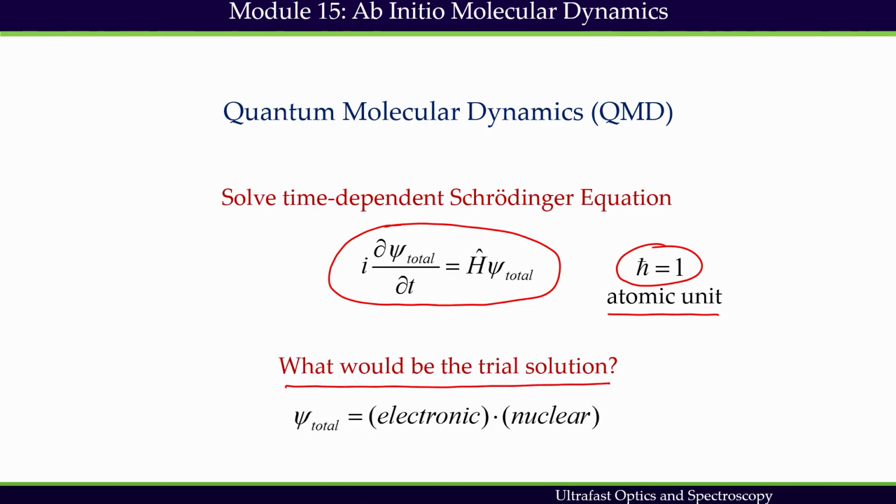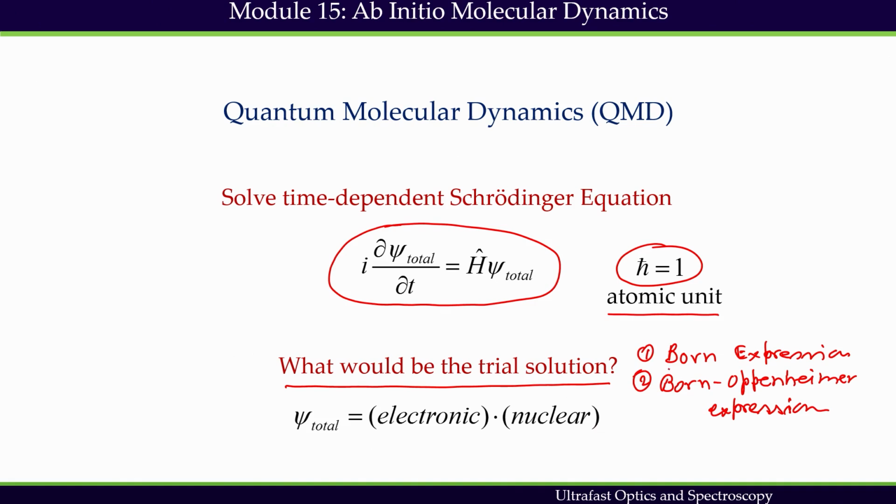In general, either the Born expression or the Born-Oppenheimer expression. So there are two approaches we follow to express the trial solution, the trial wave function.